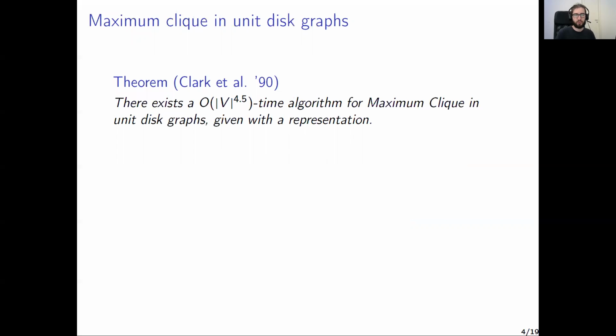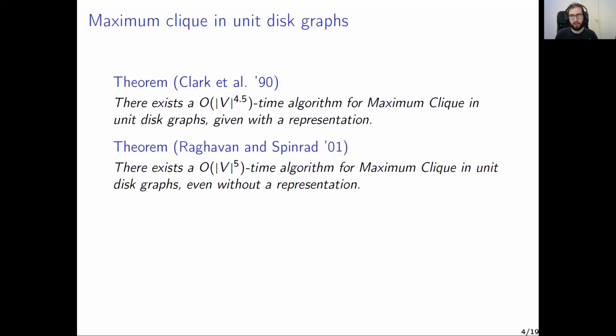Okay, so let's go to maximum clique. Everything started in the 90s with this seminal paper by Clark, Colbourn and Johnson, where they showed that it's possible to compute in polynomial time a maximum clique in unit disk graphs, even though the algorithm requires a representation. So, for example, the input must be the position of the centers of the unit disks in the plane.